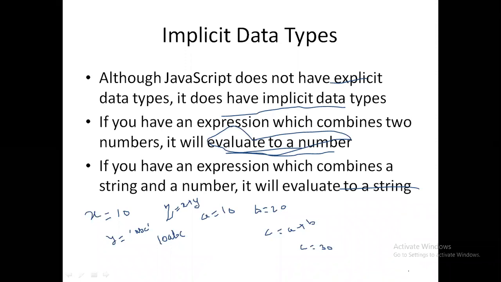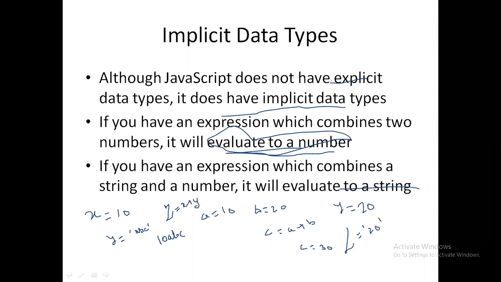Suppose, with another example, I have y is equal to 20, and again I have z. Now z also has 20, but it has been declared in single quotes.